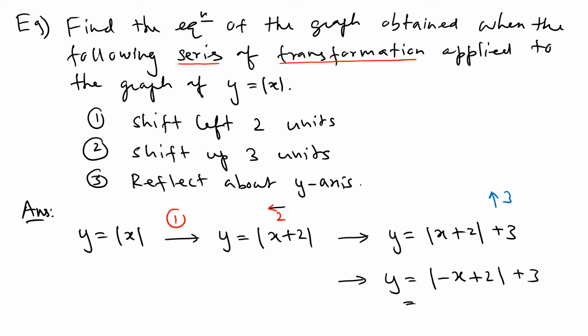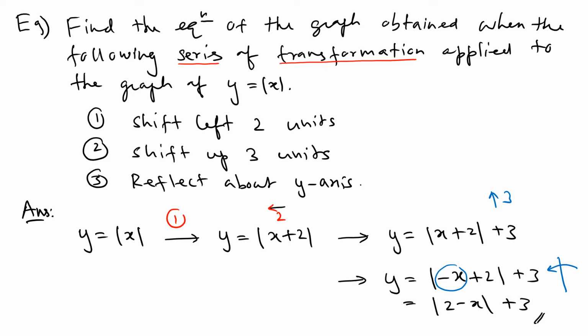You can also write this one as 2 minus x if you want, plus 3. So that's a reflection. Because you reflect it about the y-axis, that means you simply change x to negative x. Okay, so that's what happened here. So that is the new equation, after you do those 3 steps. Good.